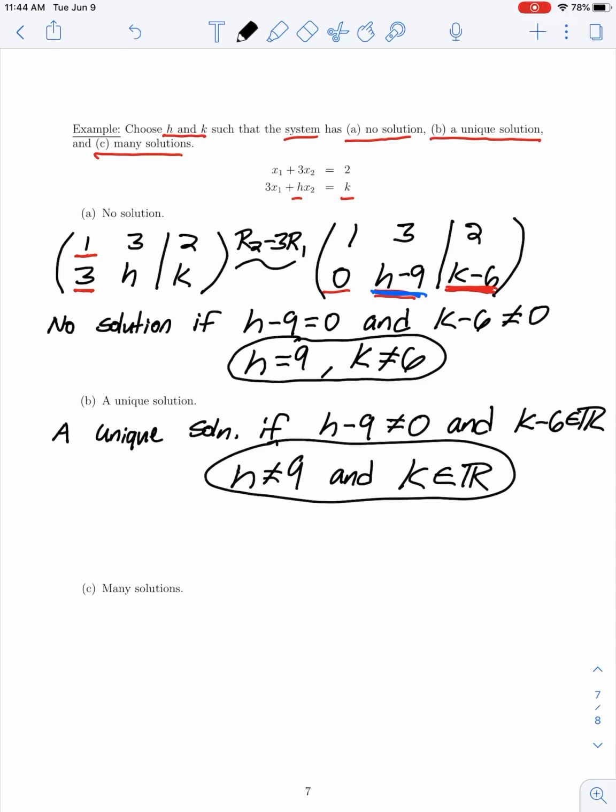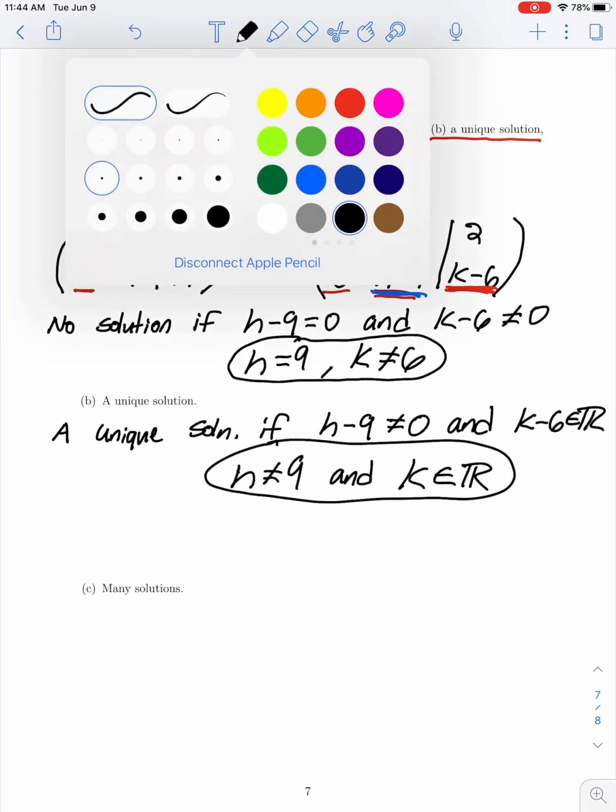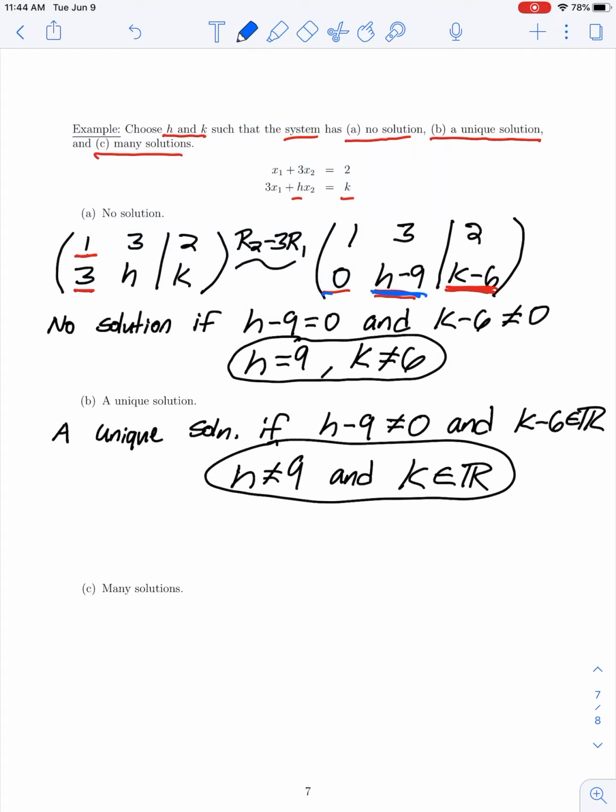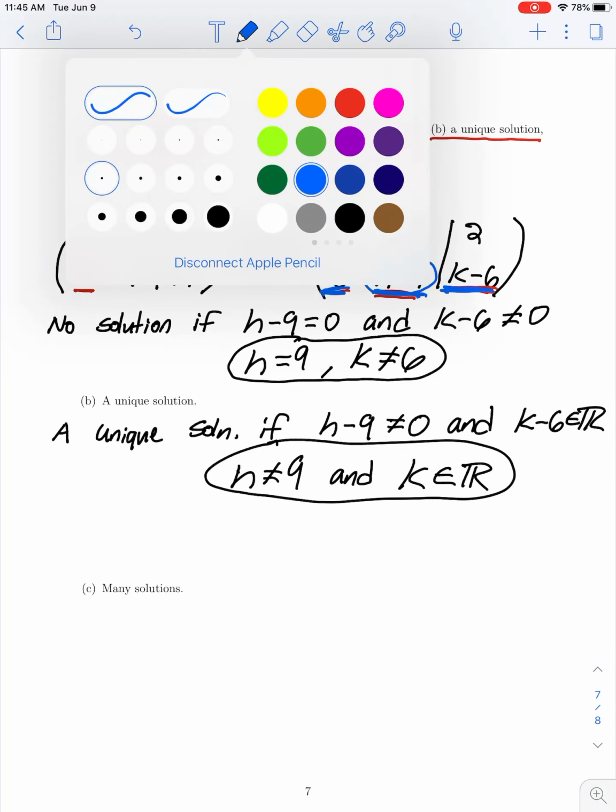Now in the last part of this problem, we're asked for the case where we have many solutions. The only way that we can have many solutions is if we're introducing a free variable. And so for our system here, which consists of two equations in two variables, x1 and x2, we only have a free variable if my last row is all zeros. That's the only way that I would have a column which is not a pivot column, if this bottom right entry, my lead entry, were also 0.